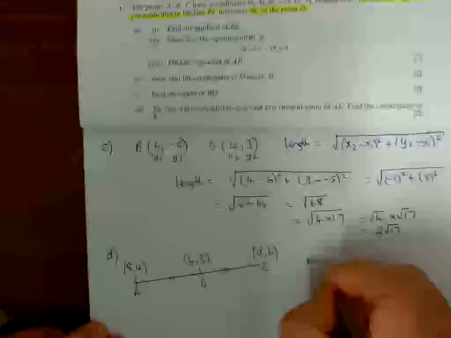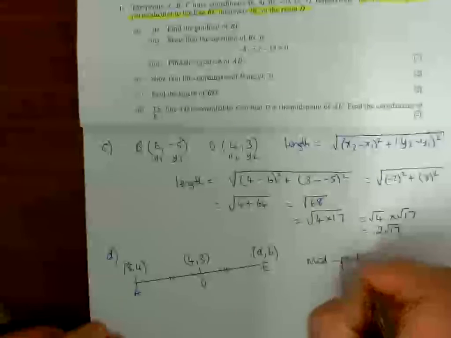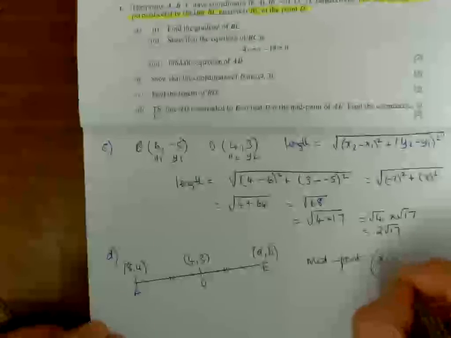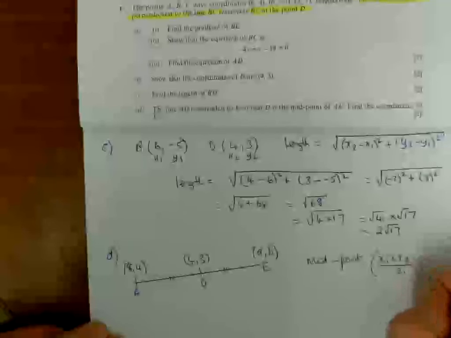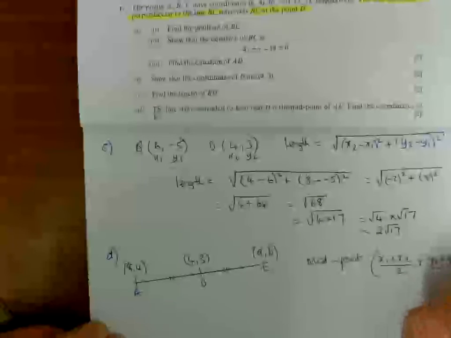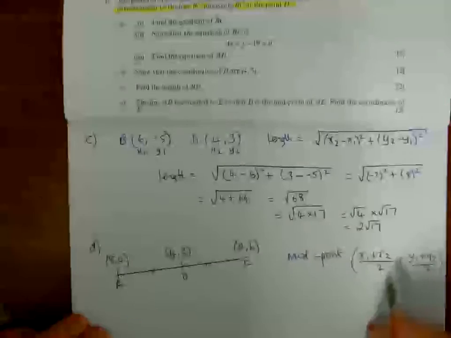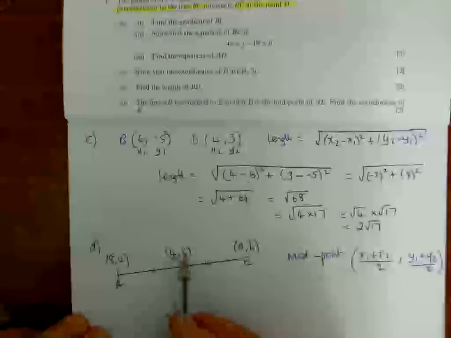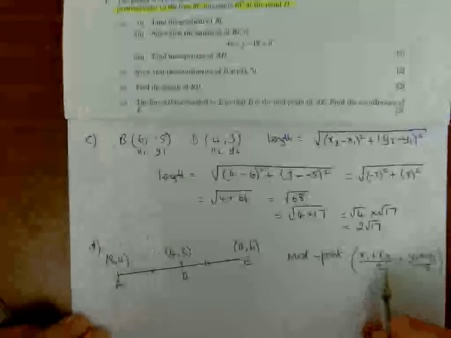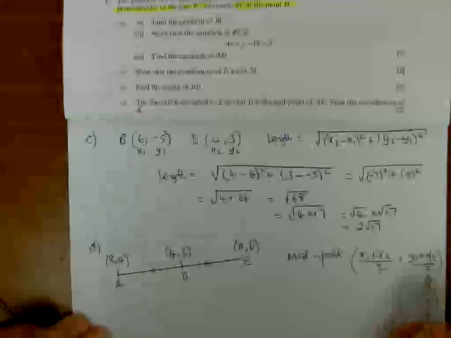And the midpoint formula, you should know, x1 plus x2 over 2, comma, y1 plus y2 over 2. So that 4, 3 there represents the midpoint of AE.